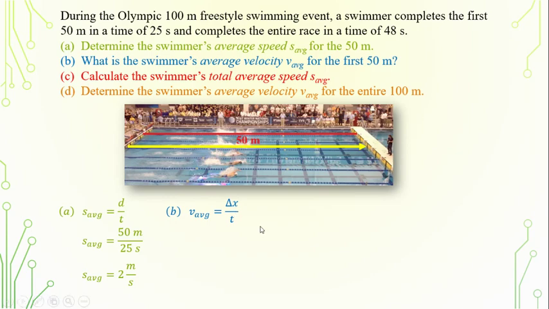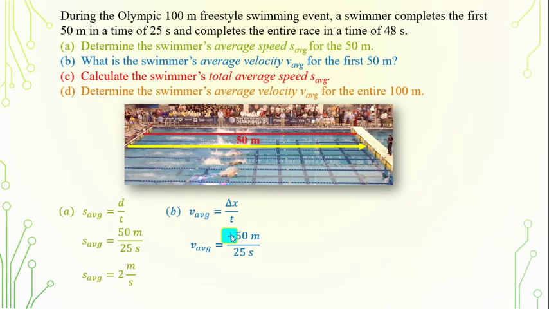But without overcomplicating it, the swimmer starts from the left, swims a distance of 50 meters to the right, so that would be moving in the positive direction. I have highlighted the positive sign there just to help you be careful in getting your work done properly. Displacement is a vector, so it has a magnitude, which in this case is 50 meters. It has a direction, and according to the diagram it is to the right for the first 50, so we'll treat that as positive.